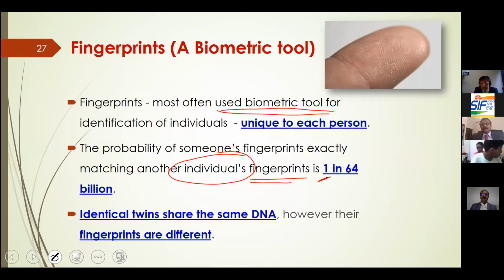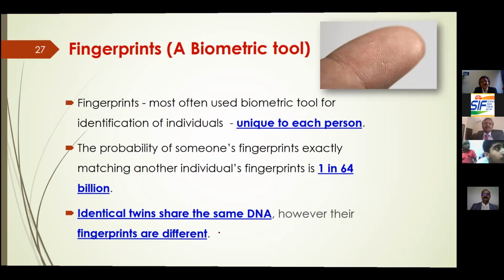Keep in mind, in the whole world, we only have about 7.5 billion people or so. So that means there is no chance there is another person that has the same fingerprint. I want you to keep in mind that identical twins share the same DNA, but their fingerprints are really different. So keep this in mind.